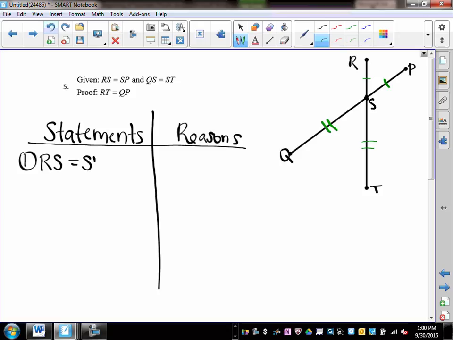Equals the measure of segment SP. And we have the measure of segment QS equals the measure of segment ST. That is our given. Now as you guys said, we're probably going to head towards the segment addition postulate direction. So let's go ahead and set up our segments.